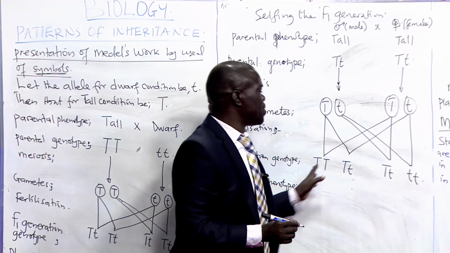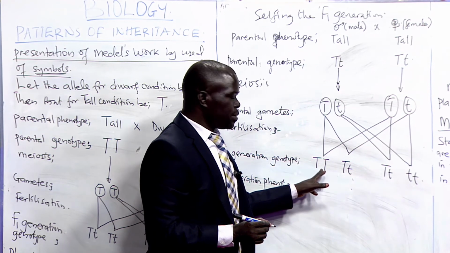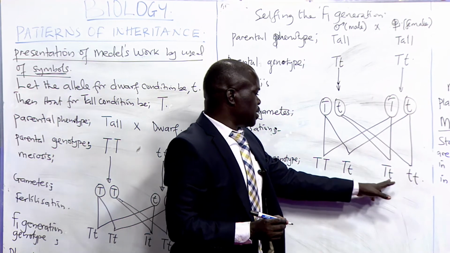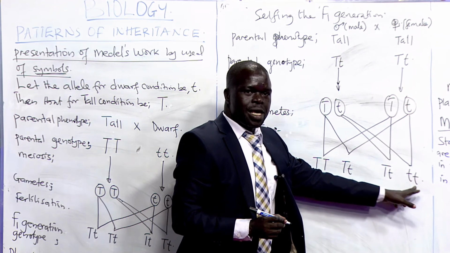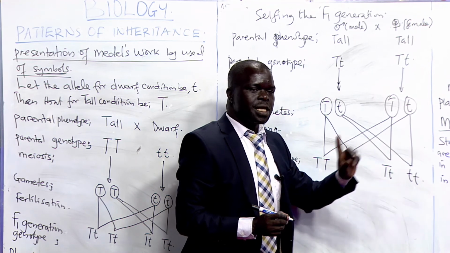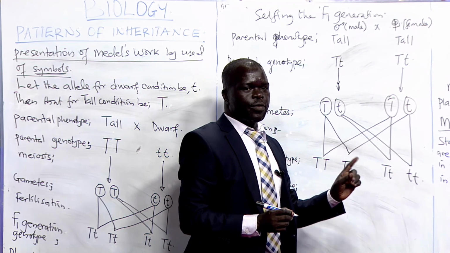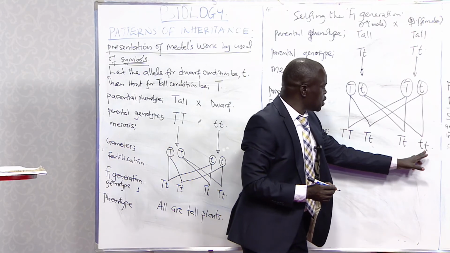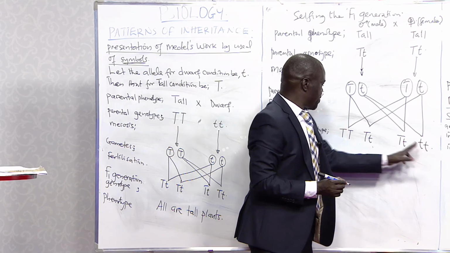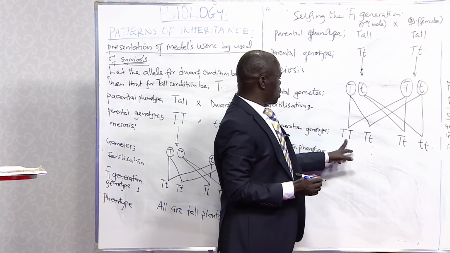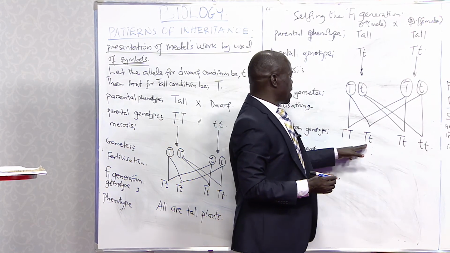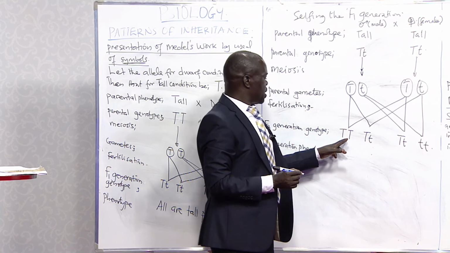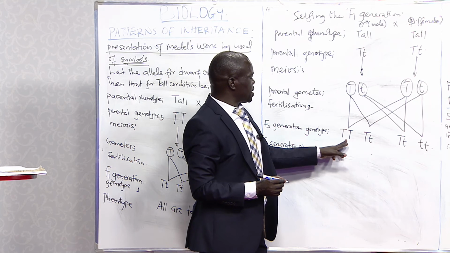So these organisms will appear tall, this one will also be tall, and this one will also be tall, but this one here will be dwarf because it is lacking the allele controlling the tall condition. So this organism is homozygous dwarf, this one is homozygous tall, and this one is heterozygous tall.